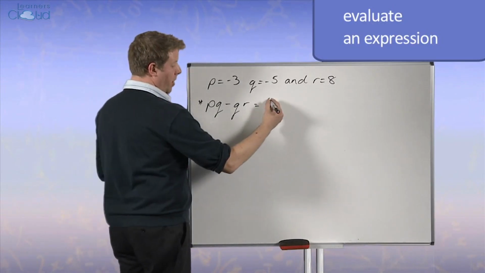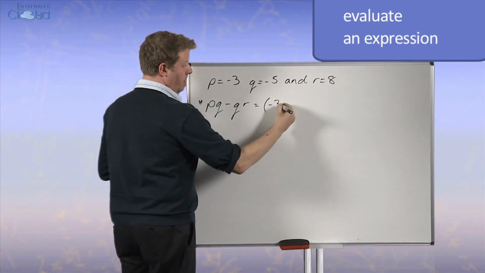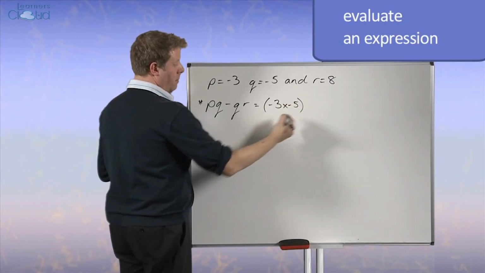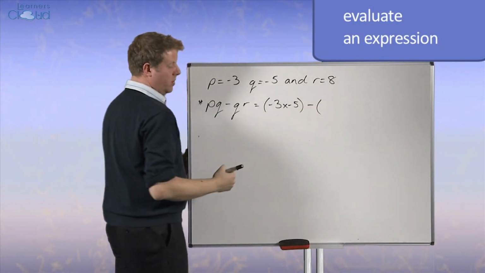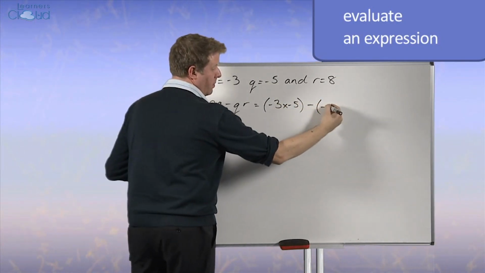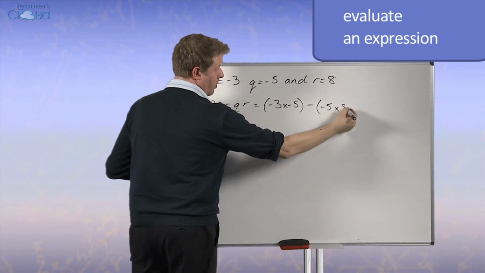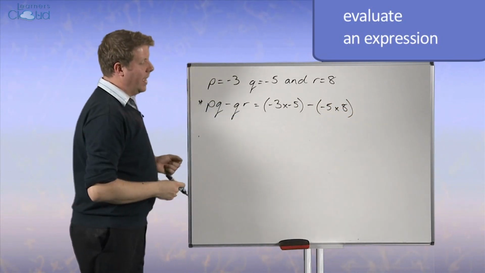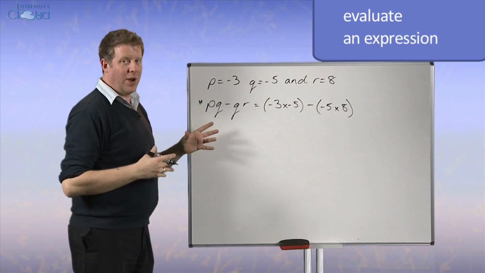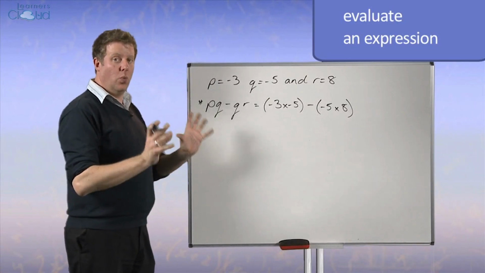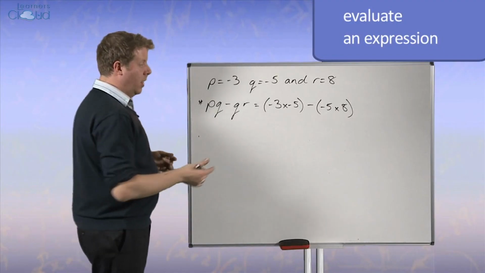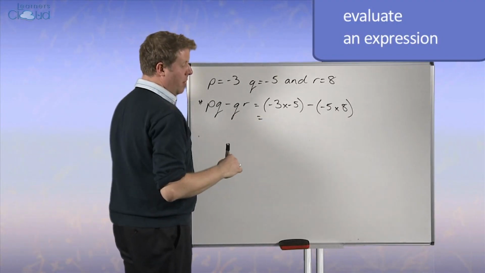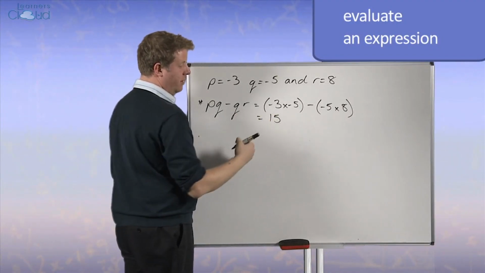So P multiplied by Q is going to be minus 3 multiplied by minus 5, and then from that I'm going to subtract Q, which is minus 5, multiplied by R, which is 8. Notice I've put those brackets in purely so I know what I'm working out before I do my subtraction at the end. So what's minus 3 multiplied by minus 5? Well, it's 15.